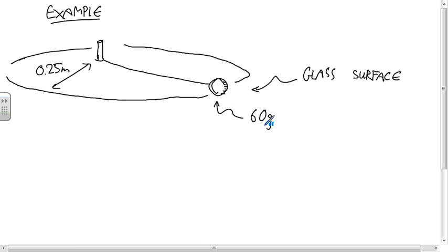I chose that because we're going to do a lab that's related to this, and that's the mass of the ball in the lab. And we want to calculate the tension in the string, given that the ball is rotating at 6 meters per second at a constant speed.